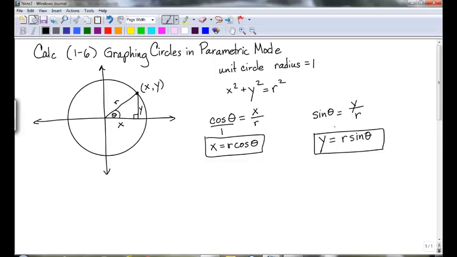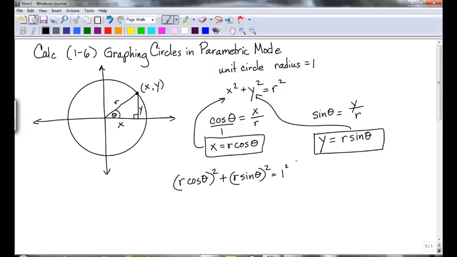If I go back and sub in my x, I'd have (r cosine of theta) quantity squared, and then if I sub in for y, plus (r sine of theta) quantity squared, equals, but in this I'm using a unit circle, so r squared would just be 1 squared.